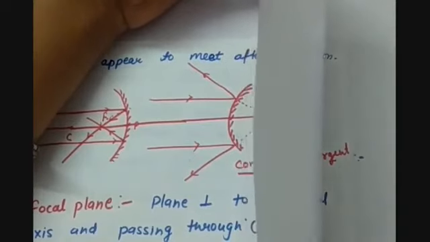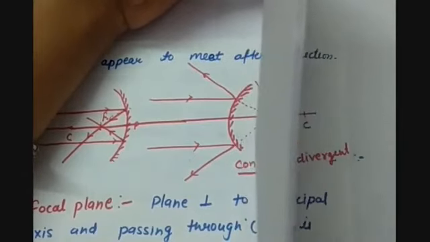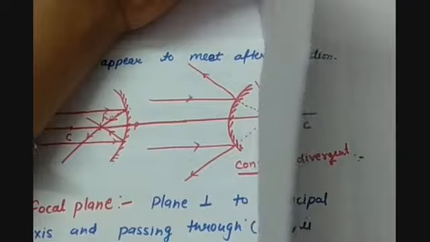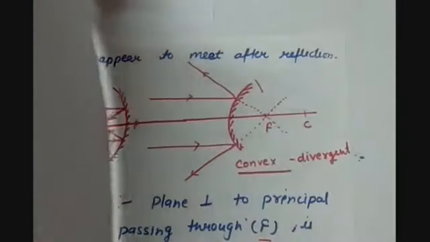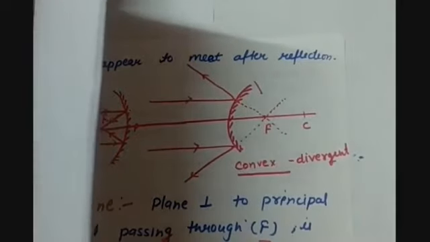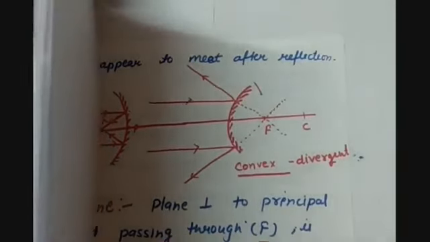So this will be called the focal plane. In this plane the focus will exist. The same will happen in this case as well, that this will be the focal plane.